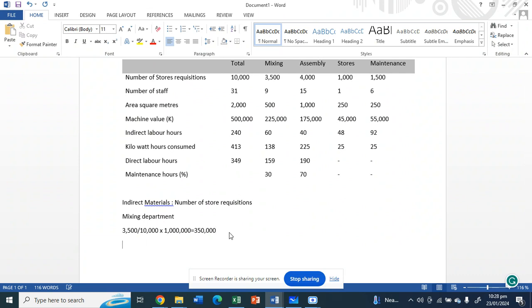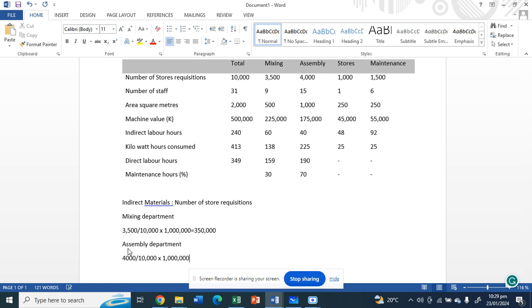The next one is the assembly department. So for assembly, I'm going to say 4,000 over 10,000 times 1 million.